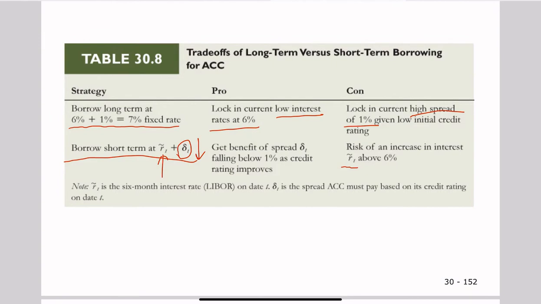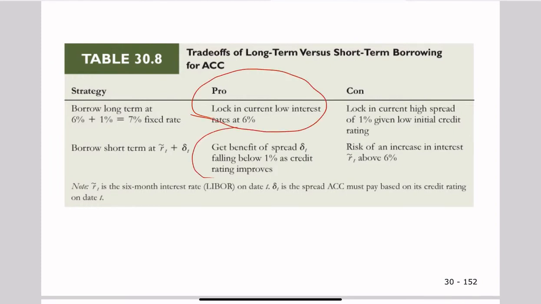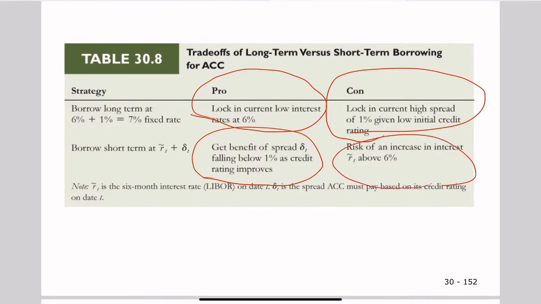Now, it looks like the firm has a dilemma between the long-term financing and the short-term financing. Well, luckily, if we use interest rate swap, the firm can actually get these two benefits and remove these two downsides, right?